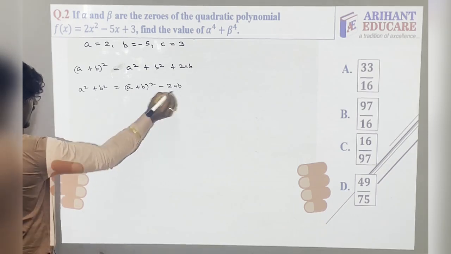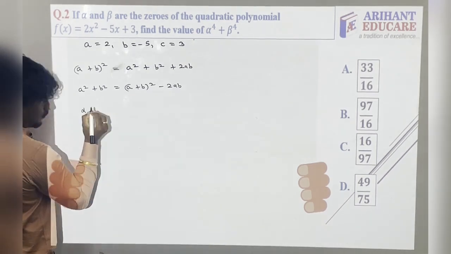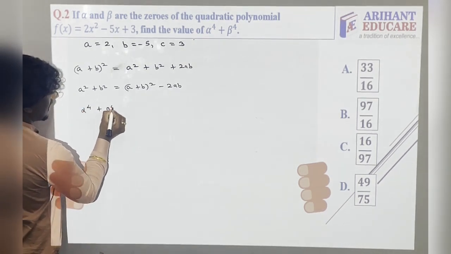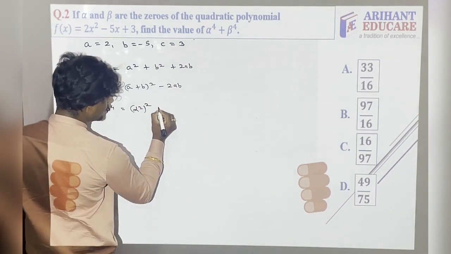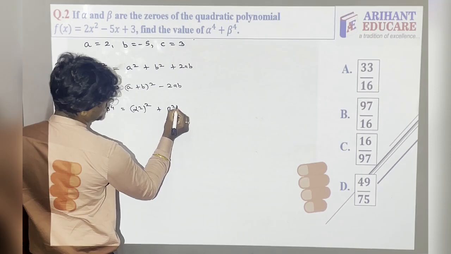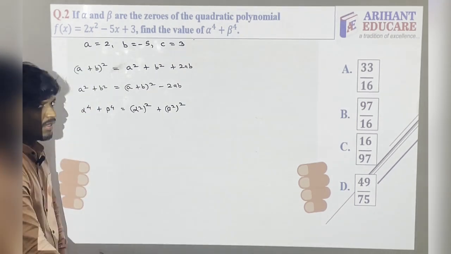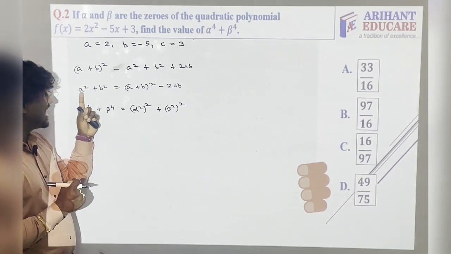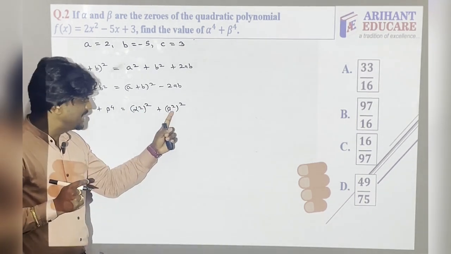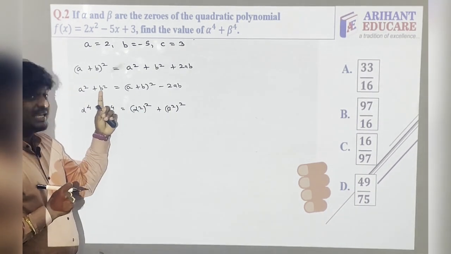If anybody guessed this, I can write alpha raised to 4 plus beta raised to 4 as alpha square the whole square plus beta square the whole square. Now understand, the alpha square here looks like a. Beta square looks like b.